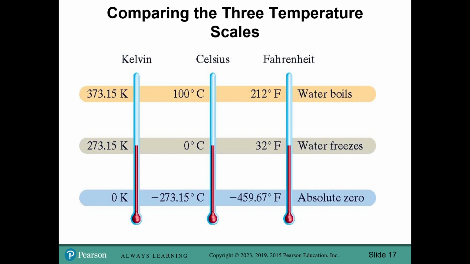So let's compare the three temperature scales. The Kelvin, remember, the top line up here is where water boils, the middle line is where water freezes, and the bottom line is absolute zero.